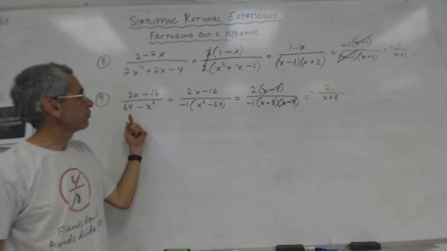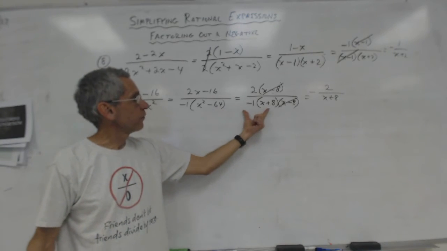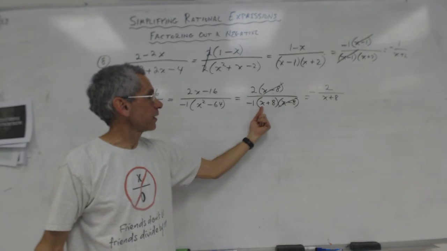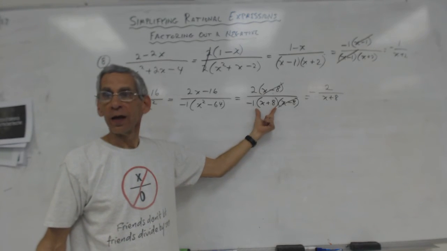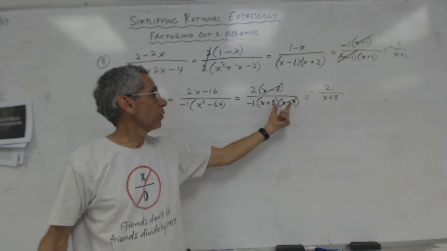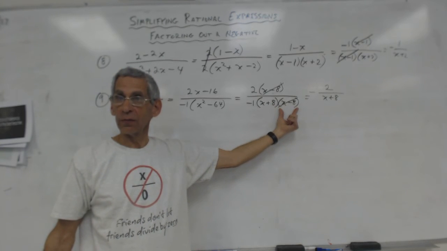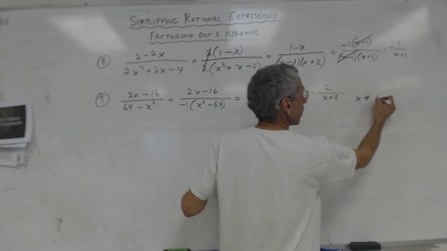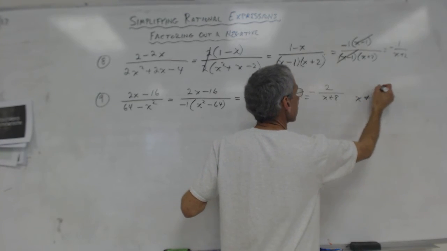You go back to where you first factored it fully, right here. What would this x have to be for this to be a 0? Negative 8. What would x have to be for this to be a 0? Positive 8. So x cannot equal plus or minus 8.